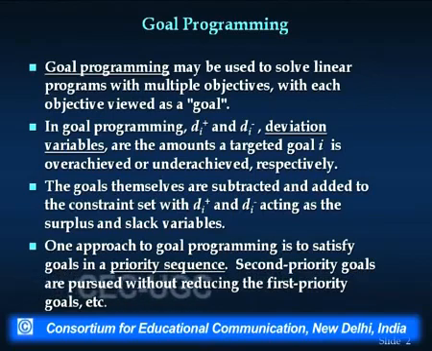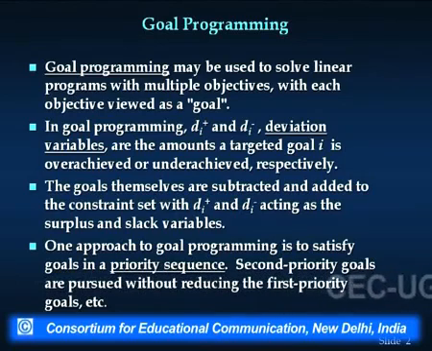The third thing which we want to discuss is the goals themselves are subtracted and added to the constraint set with Di plus and Di minus acting as the surplus and slack variables. This statement will also be elaborated while having a solution to one of the problems: how these are added, how these are subtracted to make the equation possible.